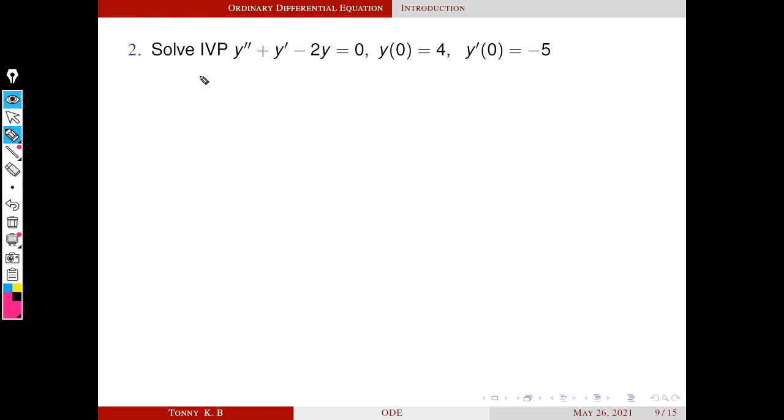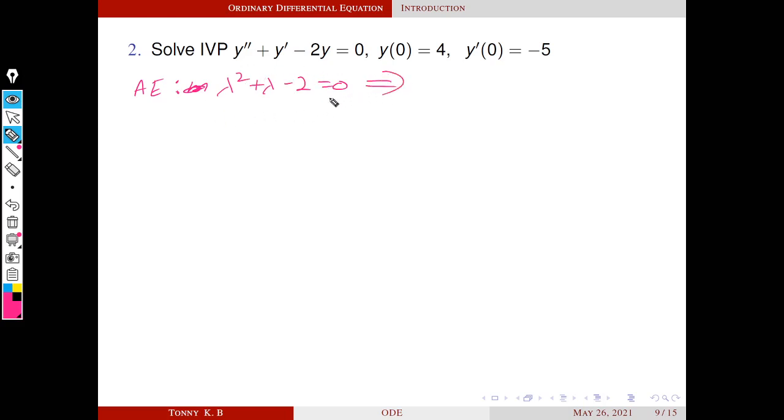First we have to write the characteristic equation or auxiliary equation corresponding to this differential equation. We can use lambda, so lambda square plus lambda minus 2 equal to 0. Next we have to solve this auxiliary equation.